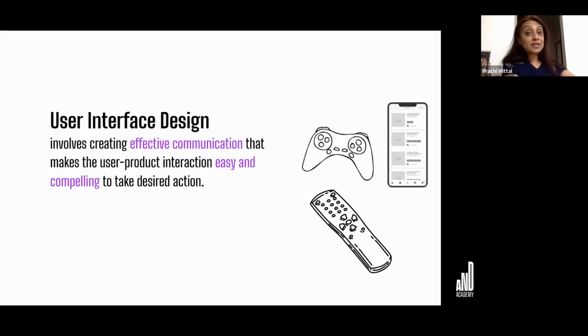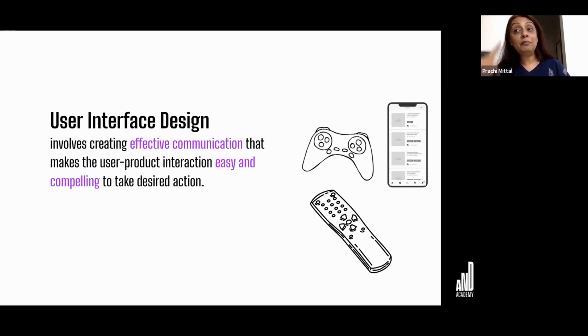So what is user interface? It involves creating effective communication that makes the user and product interaction easy and compelling. Now, whatever are the functions and features that the product has, my air conditioner has the feature of adjusting temperature, of changing the speed of the fan or the angle of the fan. These are the features that my air conditioner offers, and they contribute to my overall user experience.